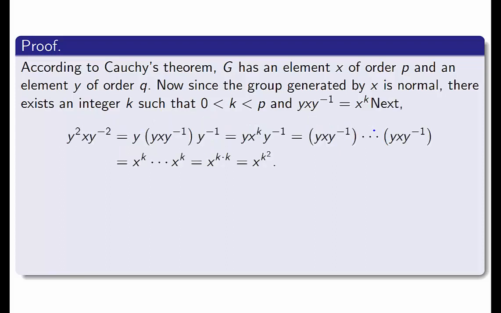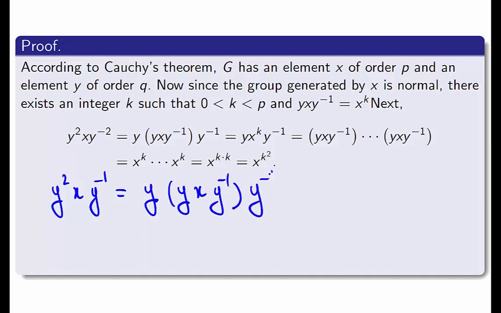Now, if you compute y squared x y inverse squared, what is that? This is going to be y times y x y inverse, which is going to be y x to the k y inverse. Now notice that y x is essentially x to the k y.